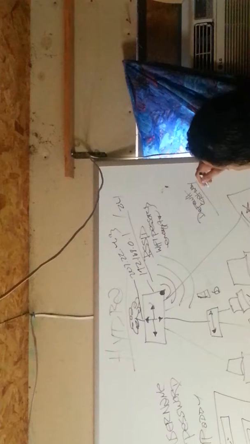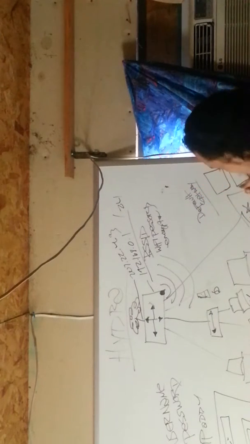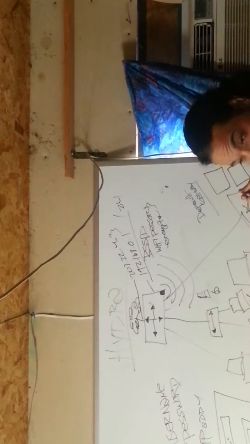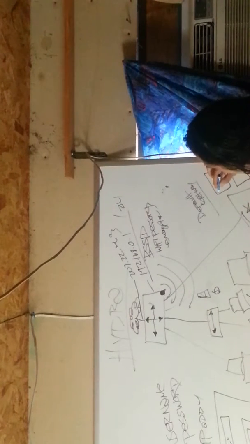Hydra will actually, on the hacker's computer, use a password list and a username list. Now, given enough time and given enough space, this person could have an enormous amount of usernames and passwords.